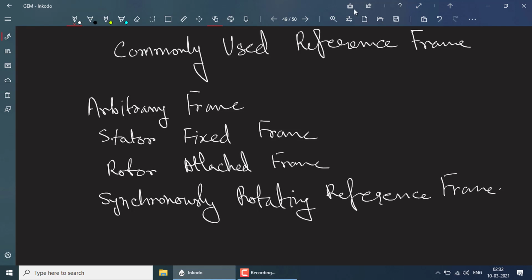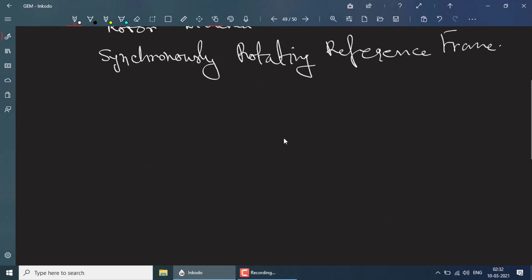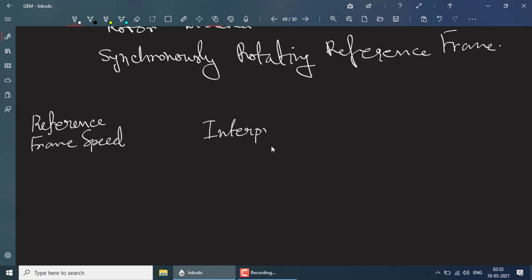Now here we would like to have a further clarification. Let me write it very clearly: the reference frame speed, the interpretation of such speed, variables and the corresponding transformation.